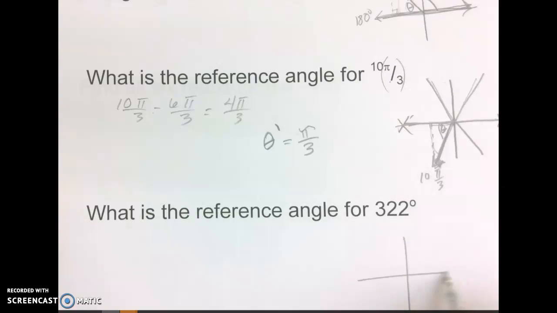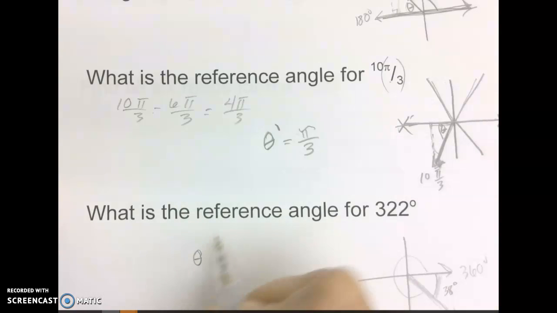Okay, what about 322 degrees? Well, I know that this is 270 and this is 360. So 322 is somewhere in this area, maybe. So the distance between this terminal side and the x-axis is right here. I could take 360 and subtract 322 degrees and I get 38 degrees right here.